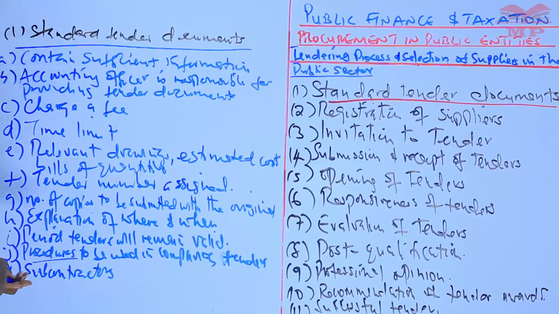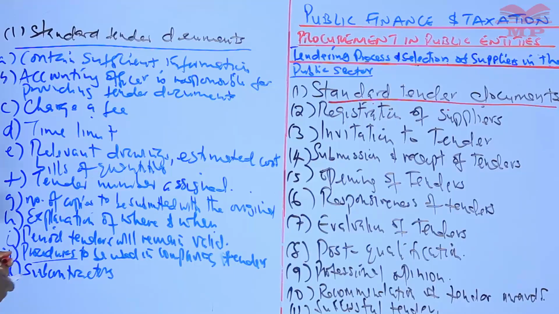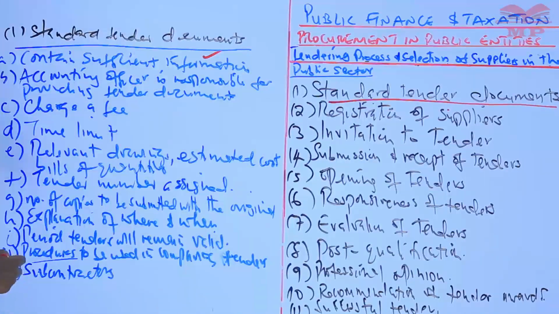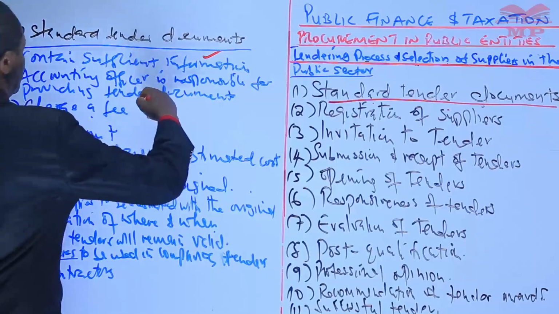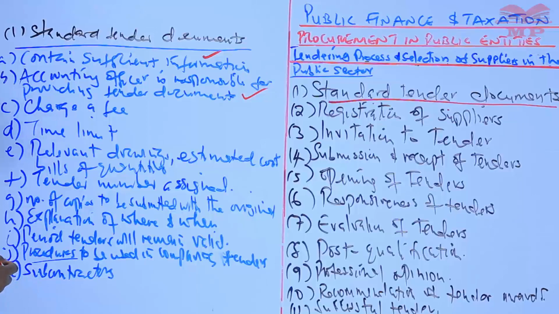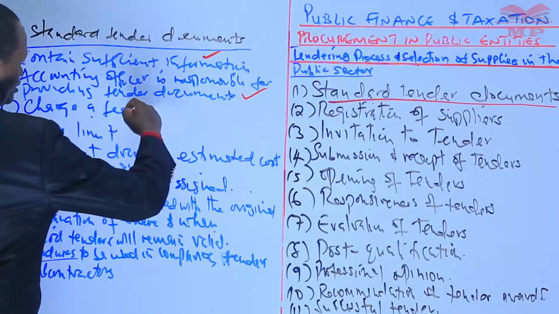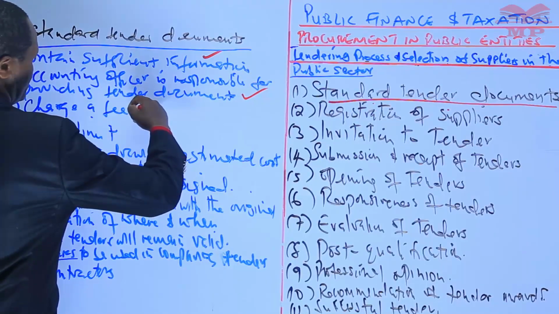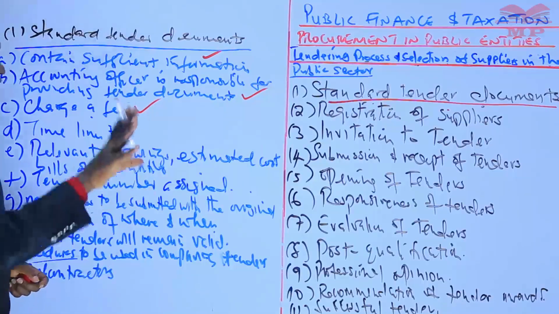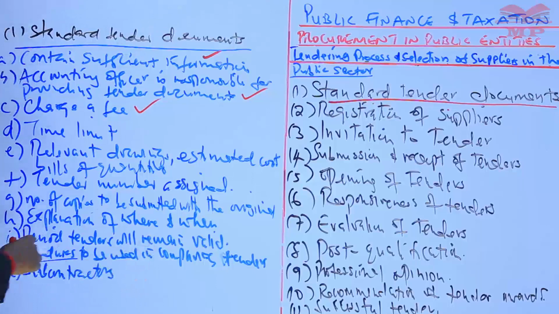So this is important information as far as tender documents are concerned. We've said they should contain sufficient information. The accounting officer is responsible for providing tender documents. There ought to be a fee which is stated on the tender documents.